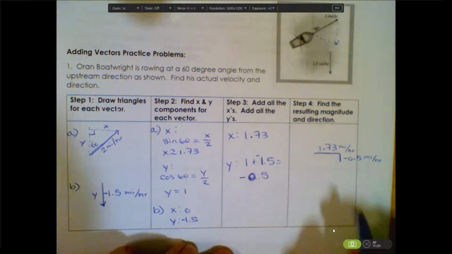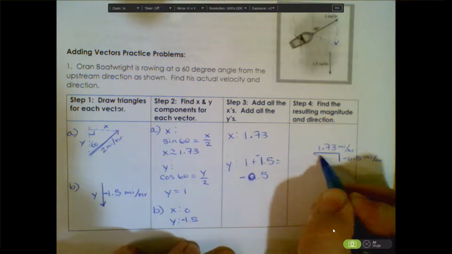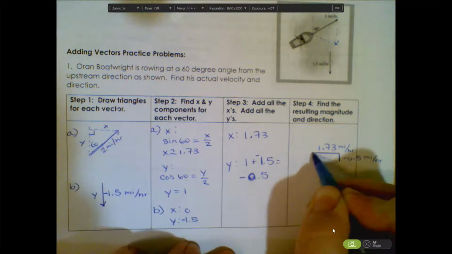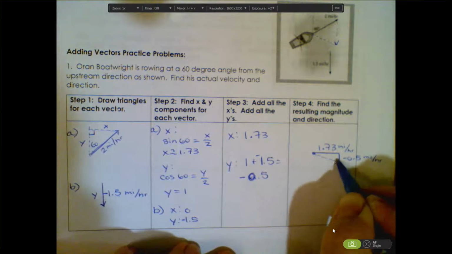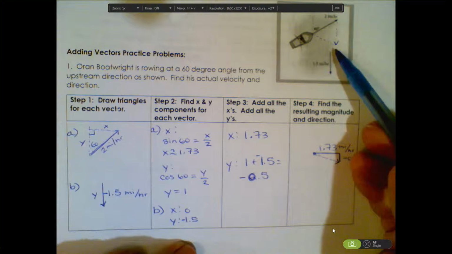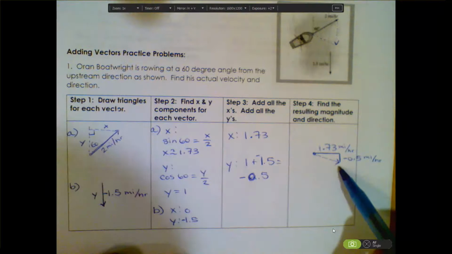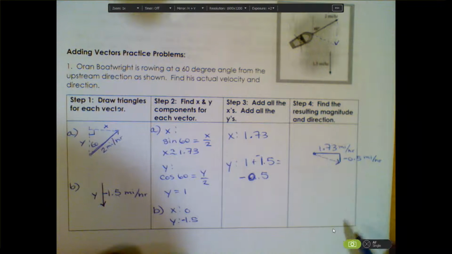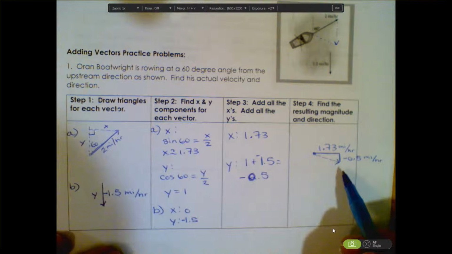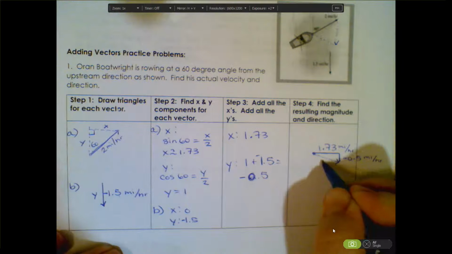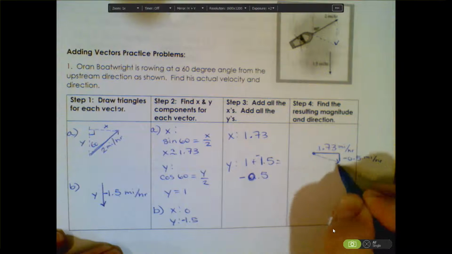And so our resulting vector is going to come from this point down here. And you can kind of see that that's about the right direction as where I was in the picture up here.